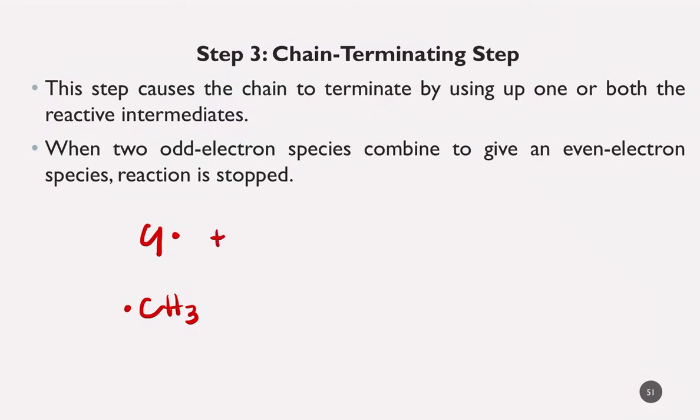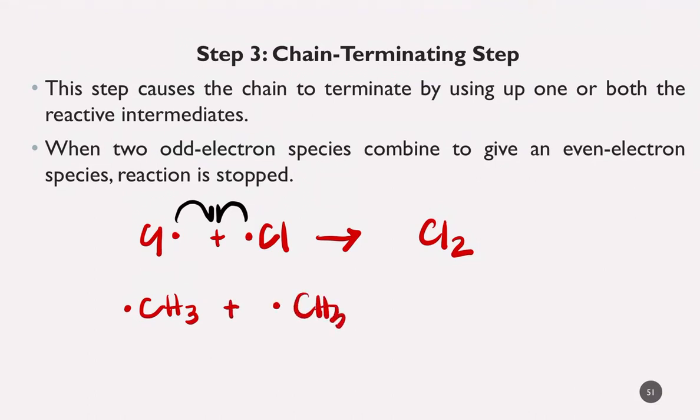So that means apa free radical yang kita ada tadi, kita akan react dia dengan itself. So contoh chlorine free radical here, awak react dengan each other and then you will form Cl2. Apa lagi? So macam ni, awak ada methyl free radical, awak akan react it with each other, macam ni. And then you will form ethane.